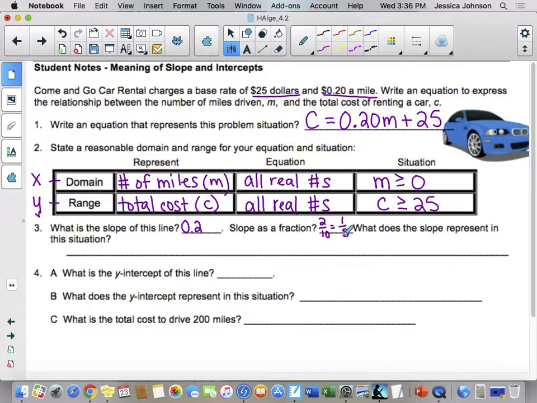So what does this slope represent in this situation? This slope represents our rate of cost per each mile. Which in this situation is 20 cents per mile.